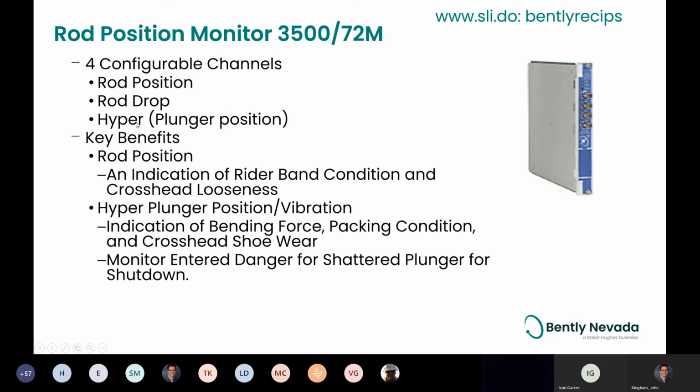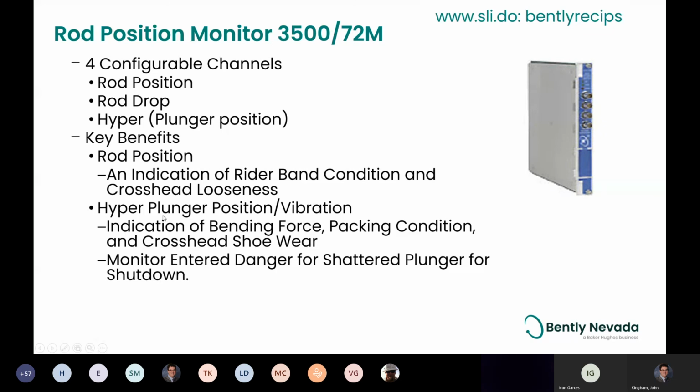And then if you have a hyper compressor, which doesn't really have a piston, it just has a plunger, you use that for plunger position. And some of the key benefits, of course, the rod position gives you an indication of rider band condition and crosshead looseness.